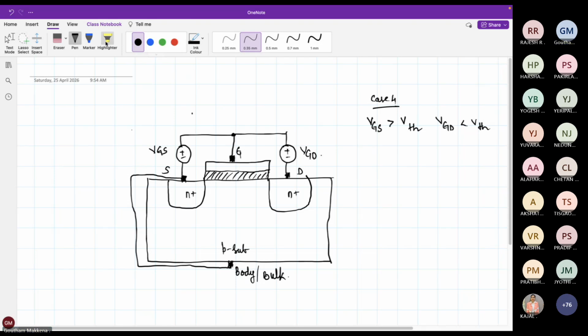Will the channel be there? VGS on the source side is greater than VTH, which means there has to be a channel on the source side. Yes or no? Yes.